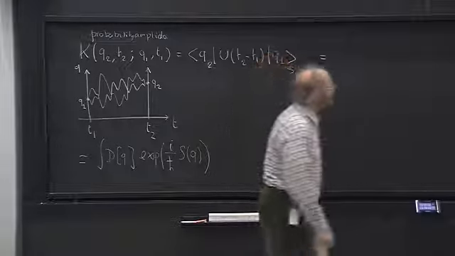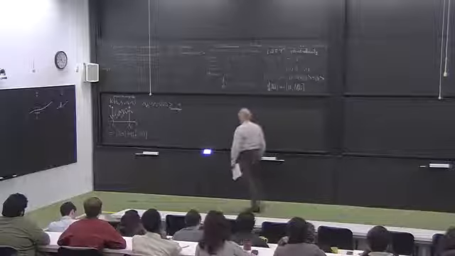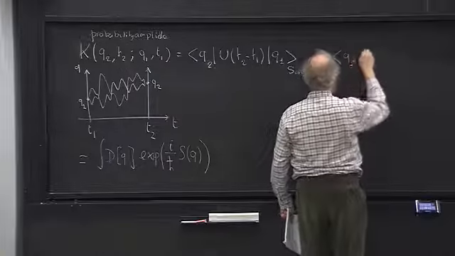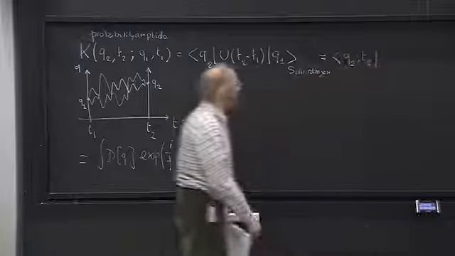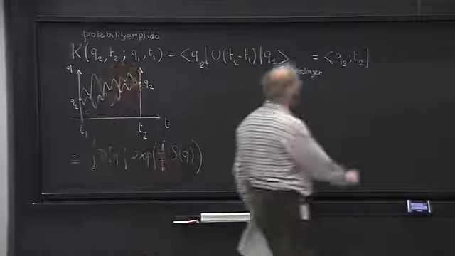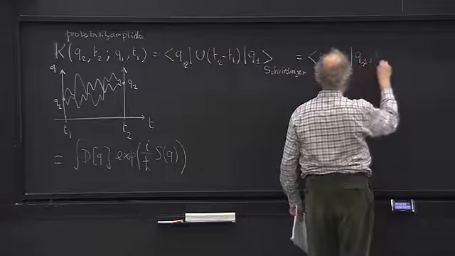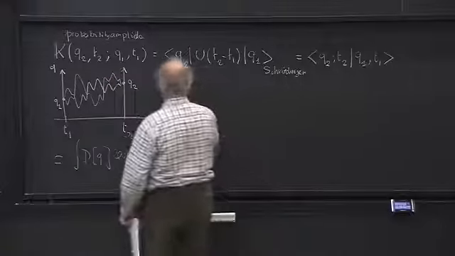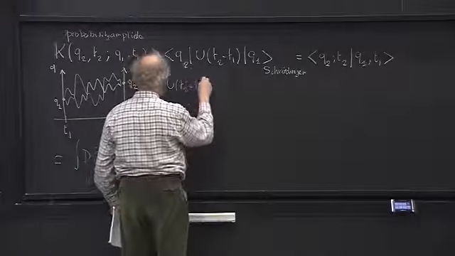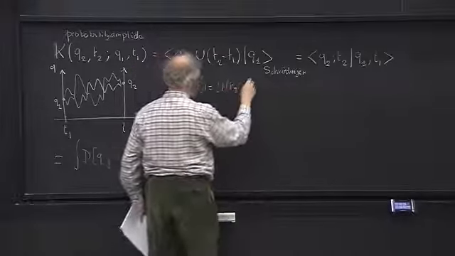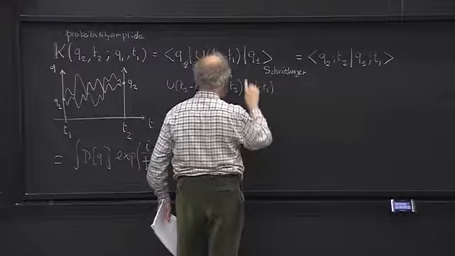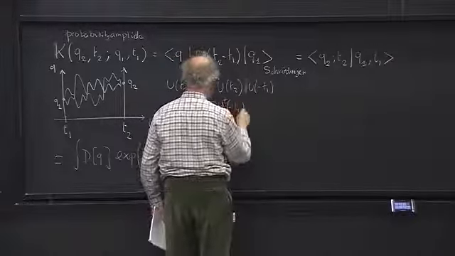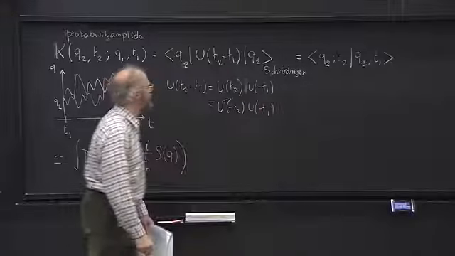What does it correspond to in the Heisenberg picture? Simply to the scalar product of two states: the state q2 at time t2 and the state q1 at time t1. Just write U of t2 minus t1 as U of t2 times U of minus t1, and realize that this is U dagger of minus t2 times U of minus t1.